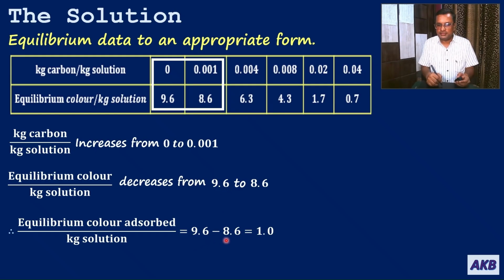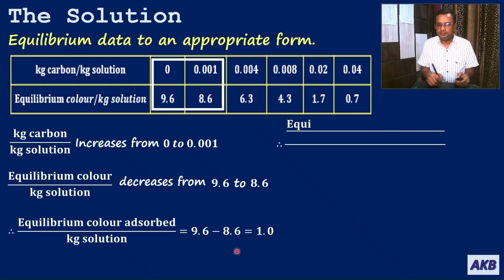That is 9.6 minus 8.6, which is 1. All this is happening in 1 kg of solution. So the equilibrium color adsorbed per kg of solution is the original value minus the value that results when 0.001 kg of carbon is added to the solution.